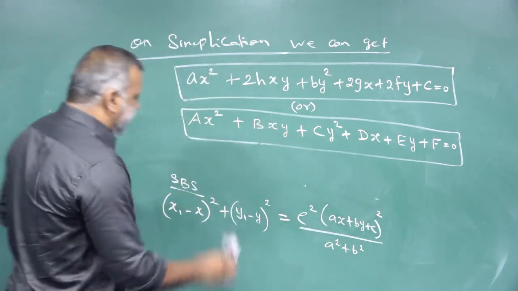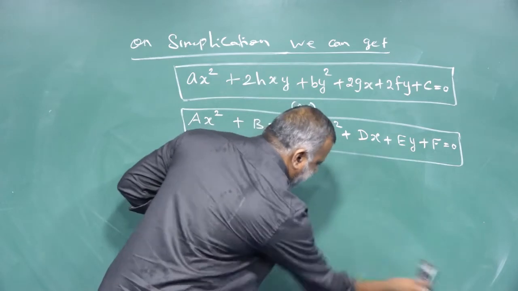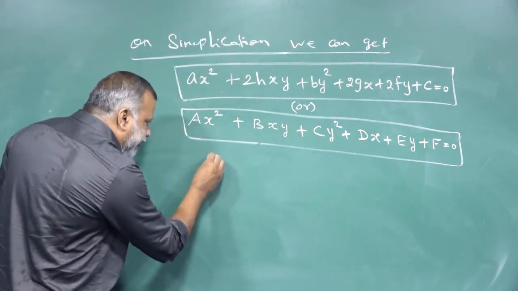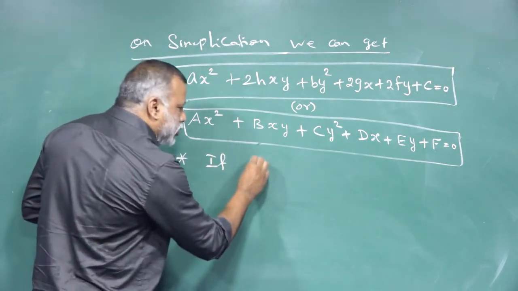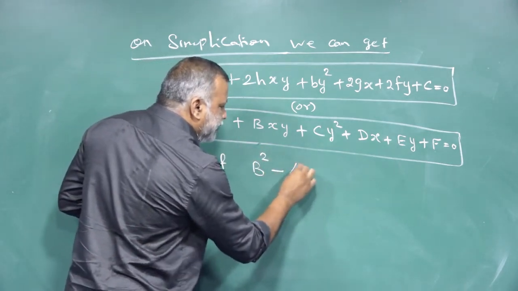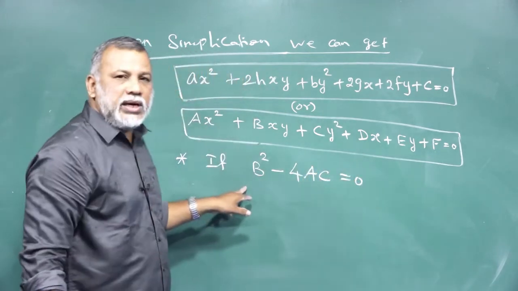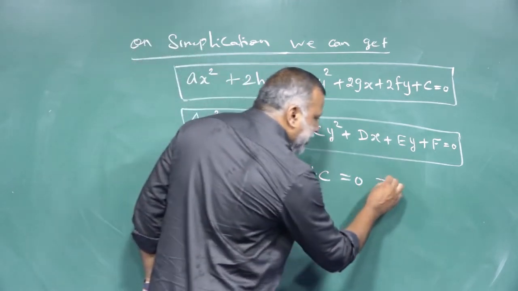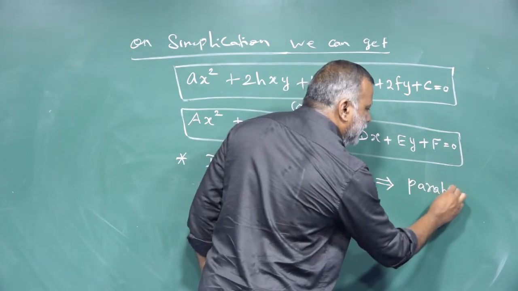This general second degree equation may represent a parabola. The condition is: if b² − 4ac = 0, then the above equation represents a parabola.